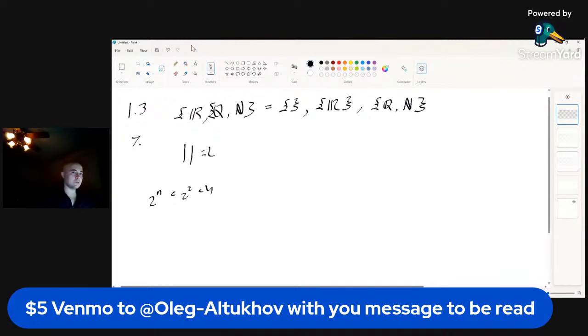R contains irrationals, Q contains rationals. So anything that you can put in fraction form. You can't put pi in fraction form to get a definitive number. Like you can say pi over 2, but it's not going to give you a rational result. It'll give you an irrational result, in other words.